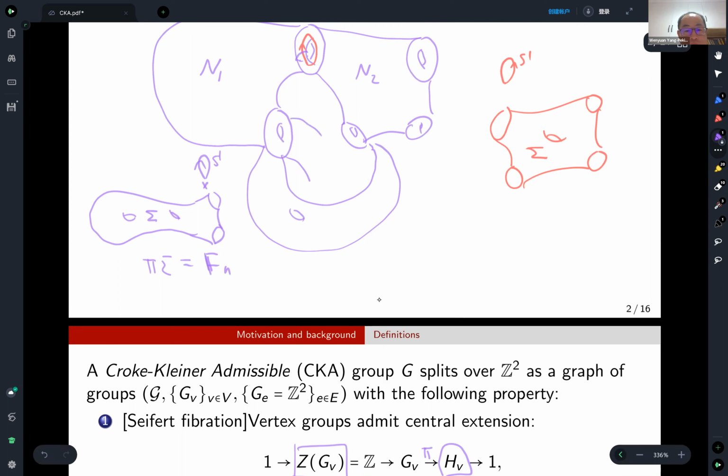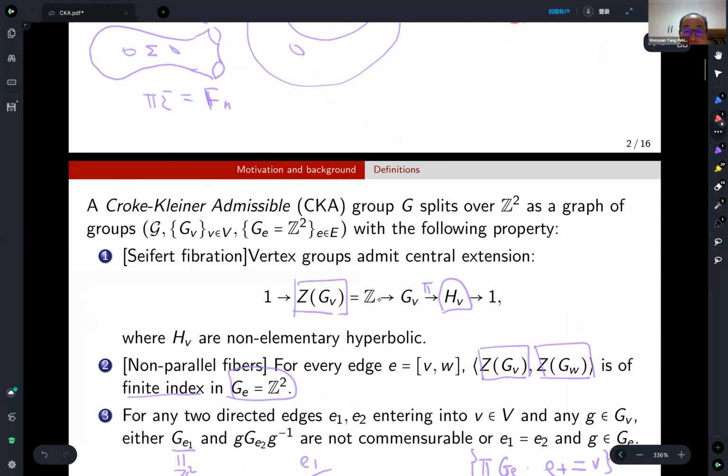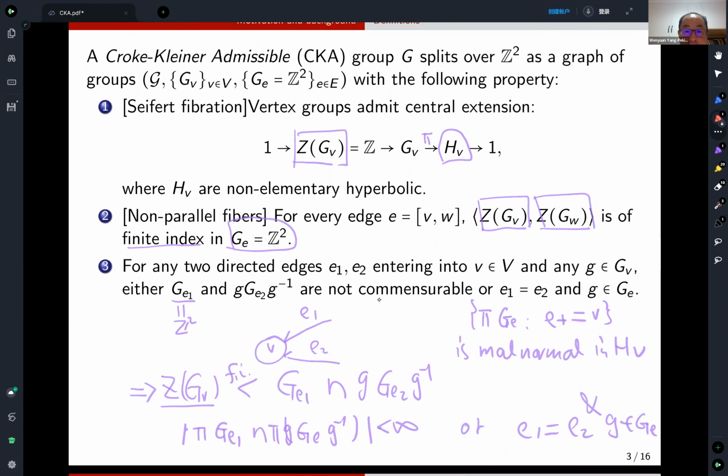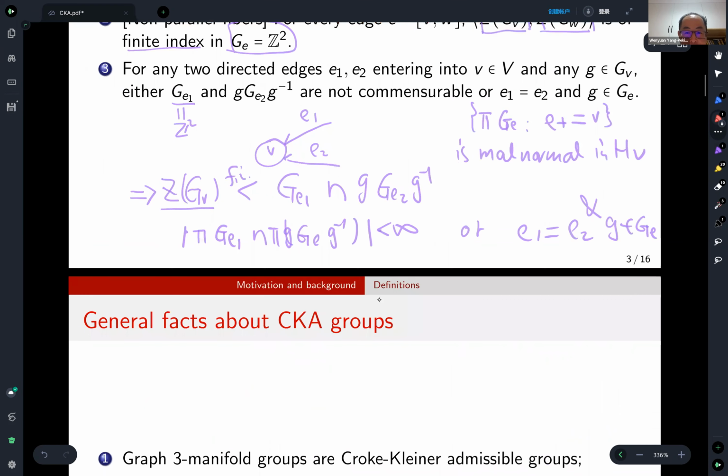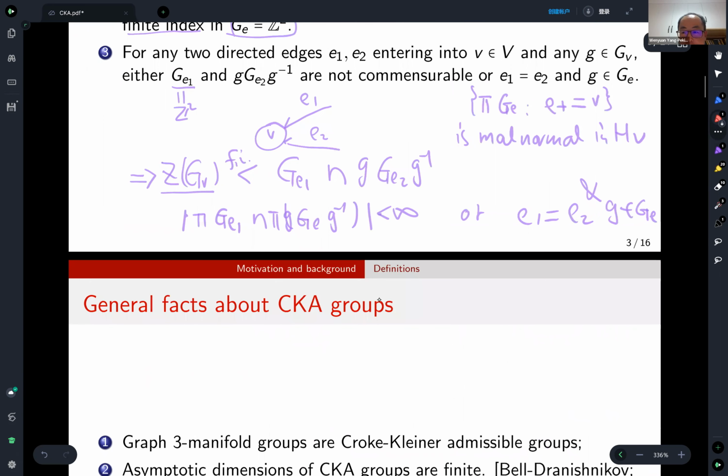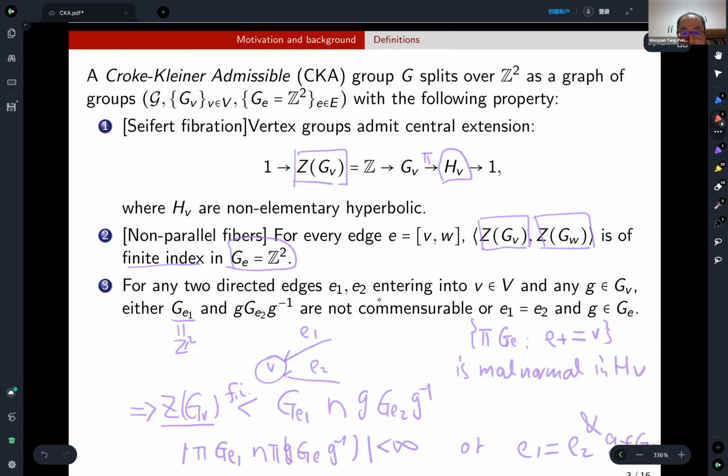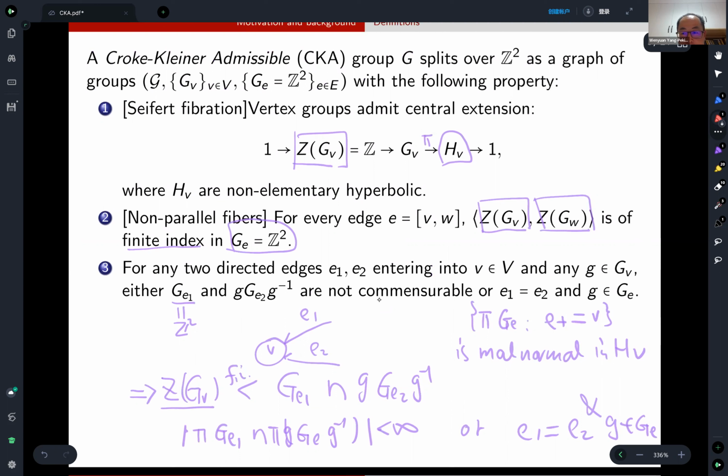So you don't do this; for each boundary component you attach just one. Any questions about this? This might be a little technical, but we are just trying to see the same thing as the graph manifold groups show.